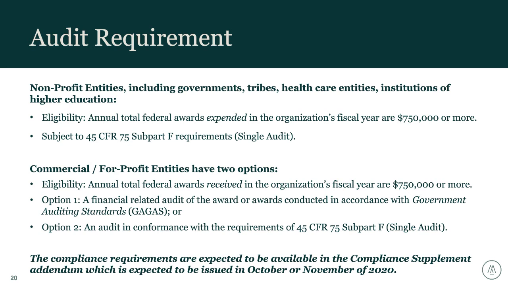The compliance supplement is effectively an audit guide issued by the Office of Management and Budget. It includes all the different programs that federal agencies administer and pass funds down through, and a series of compliance requirements they deem important to test.